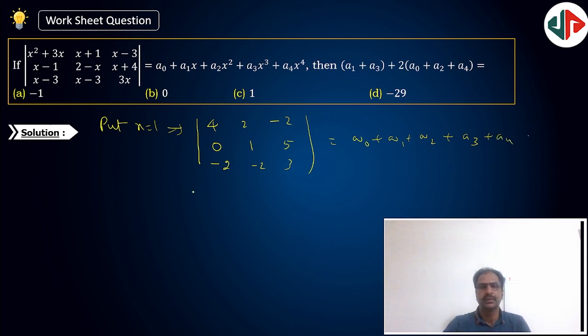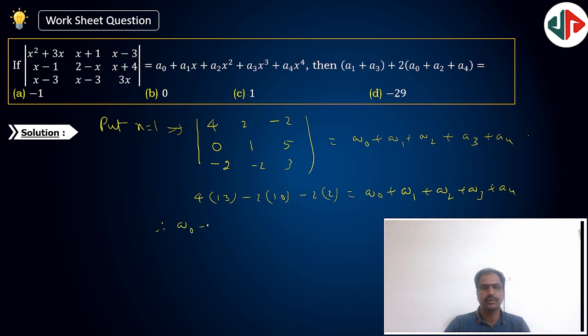Let us expand this determinant now. 4 into 3 plus 10, minus 2 into, plus 10 minus 2 into 2 is equal to a0 plus a1 plus a2 plus a3 plus a4.